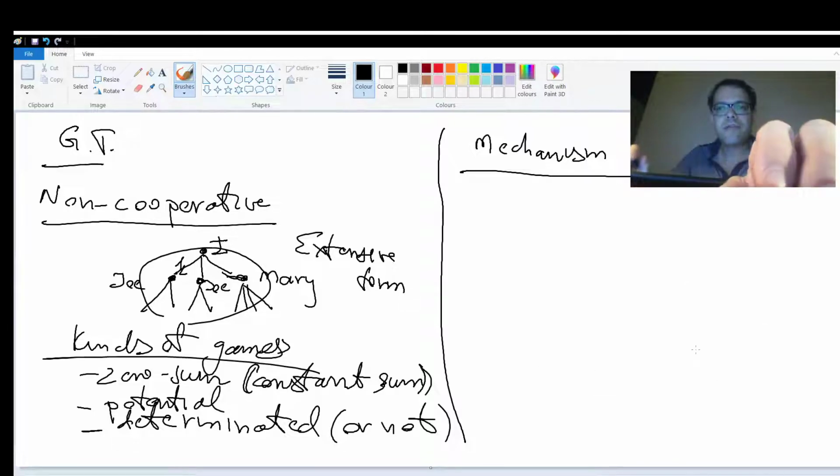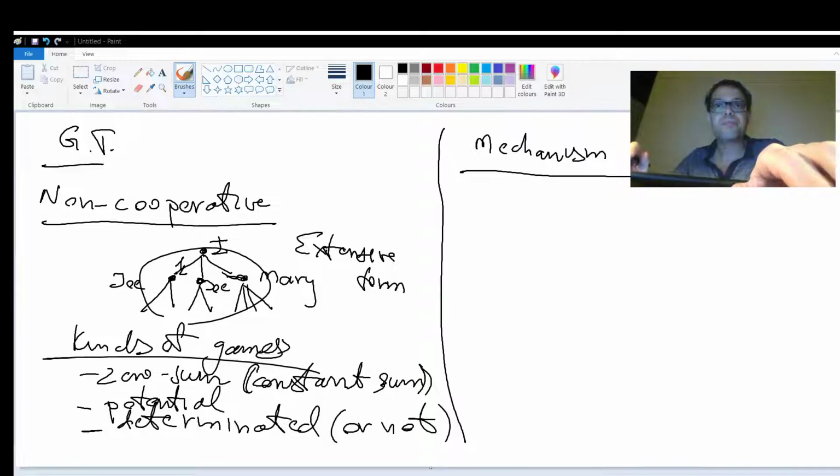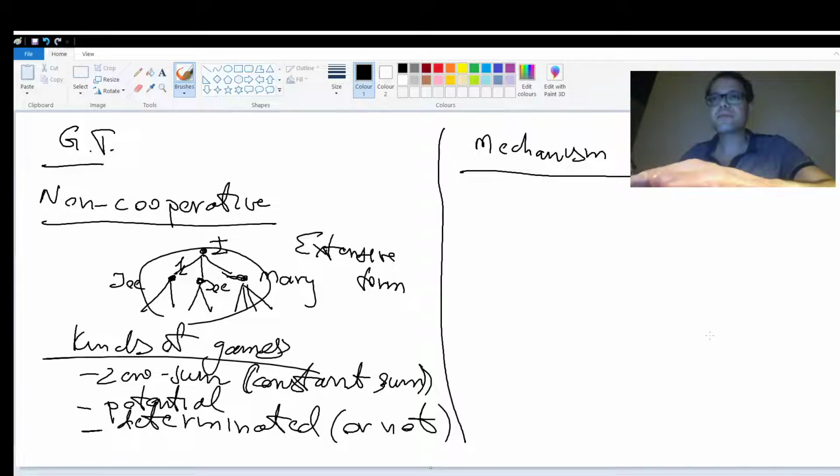And let me see whether I've forgotten to say something about non-cooperative games. Okay, let us now talk about cooperative games. So cooperative games, let me think.